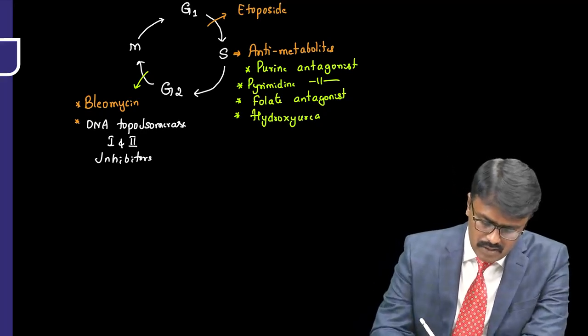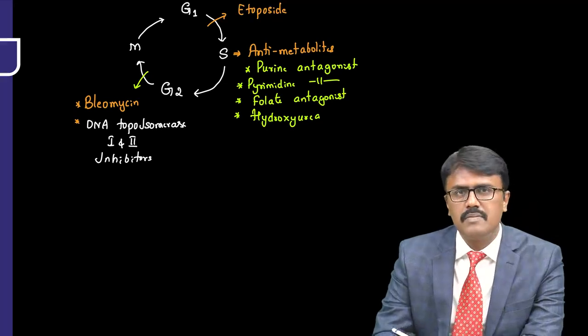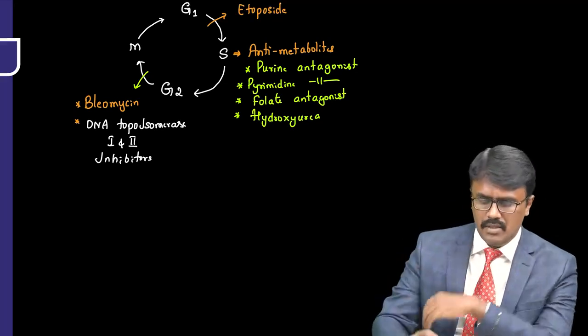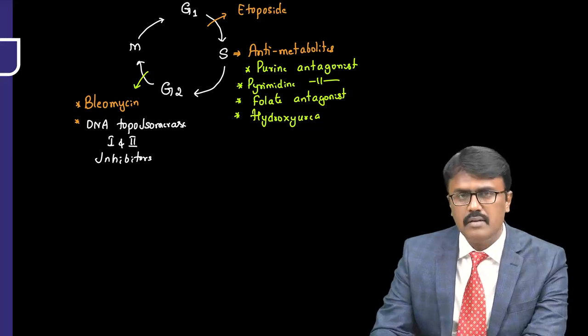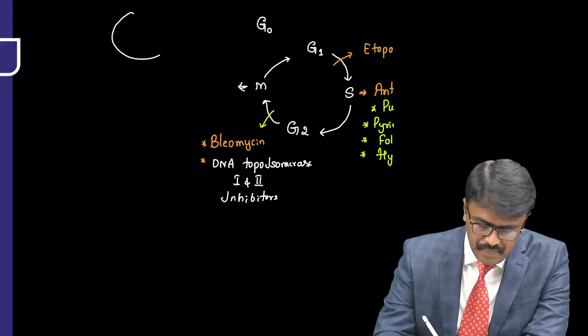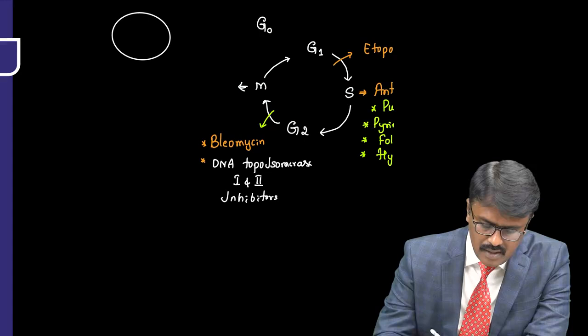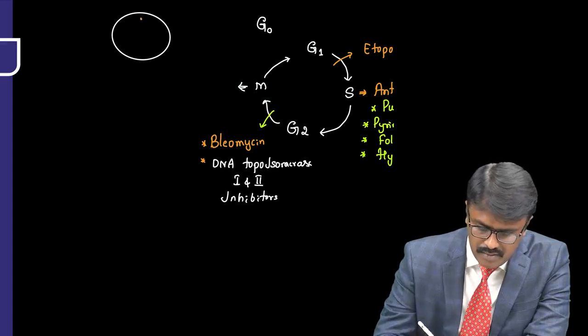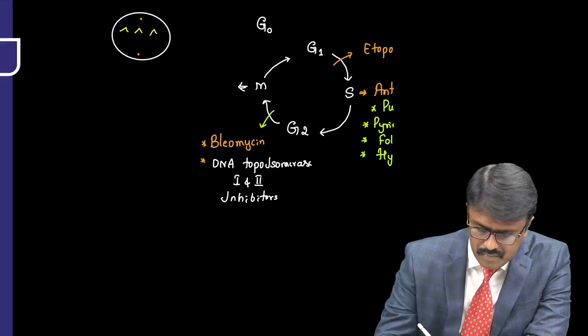Now mitosis, what do you mean by mitosis? Cell division. So during cell division there are certain things called microtubules. I will just give an example here. This is the cell and there is a centromere here and there is DNA. I'm just giving an example here.